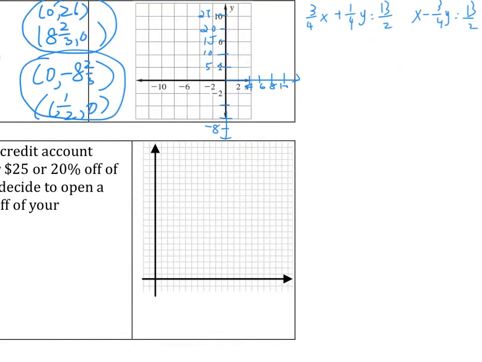Okay, so I recopied the points here, and we're going to have to graph both of these equations. So for 0, 26, I'm going to have to plot it about here. I'm going to label it 0, 26, and then 8 2/3, it's about here. So I'm going to label that.